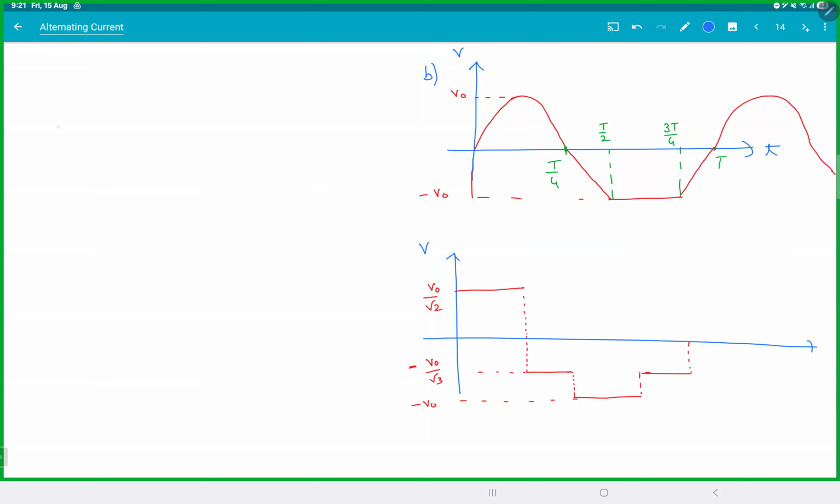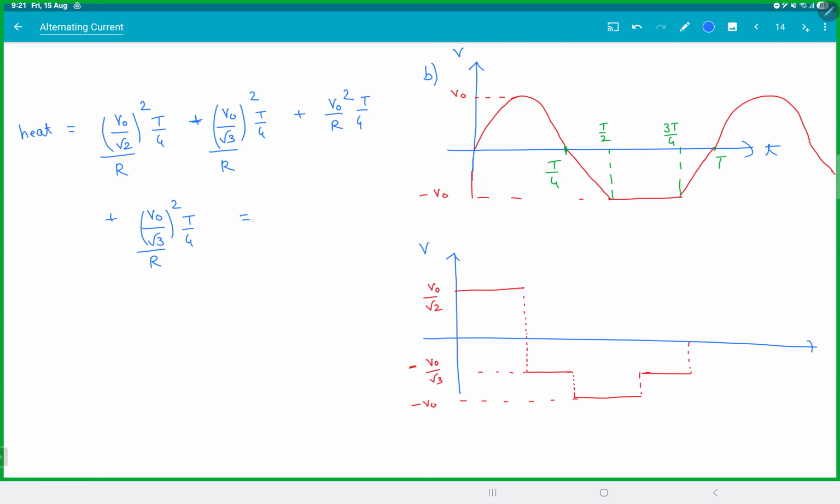So then the heat produced will be V0 by root 2 whole square by R times t/4, V0 by root 3 whole square by R times t/4, V0 square by R times t/4. And you want to equate this to VRMS square by R. T cancels, R cancels, V0 square comes out.